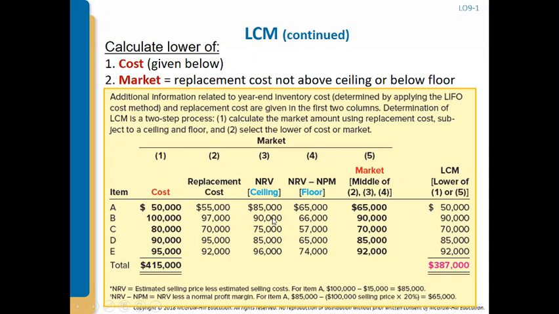So the middle number being NRV, that's the number that you compare with cost. Here, the NRV, which is your market for item B, you compare that with the cost, and the market of 90,000 is lower than the cost of 100,000, so that's the number you pick for that.